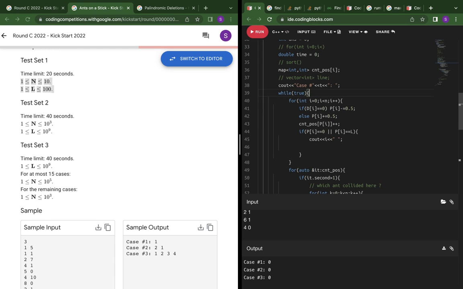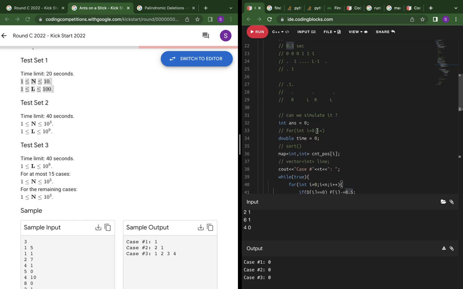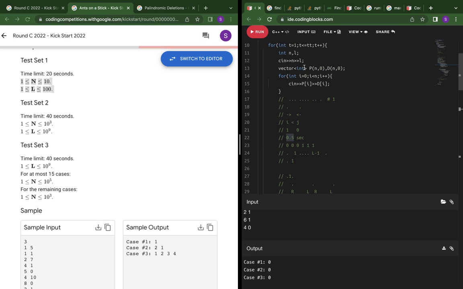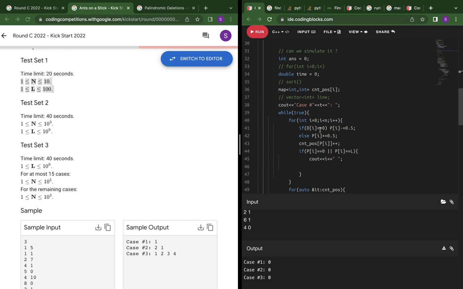Now floating point arithmetic might fuck up everything. And also this is int, right? So I can make it a double first of all, and how do I make this an integer?